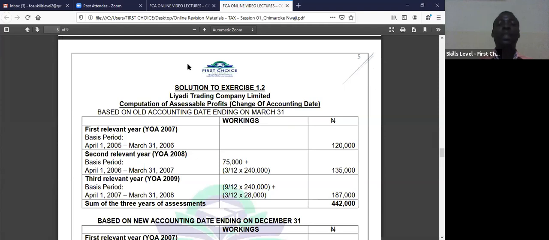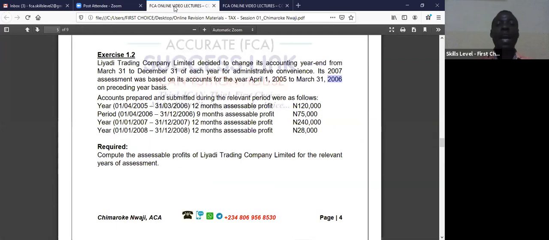The year you first notice a change is your first year. Then the second year is the year after that first year, and the third year is the year following the second year.